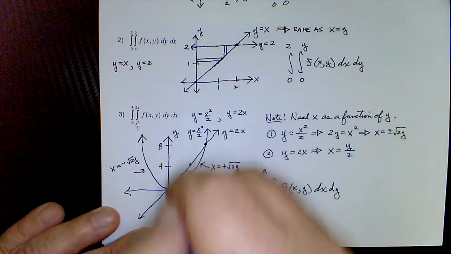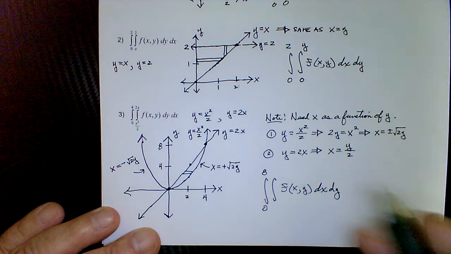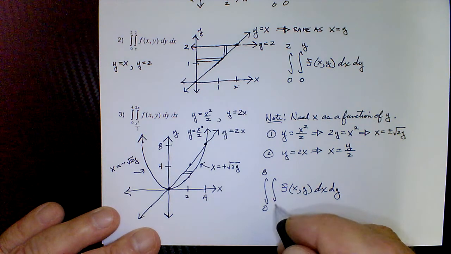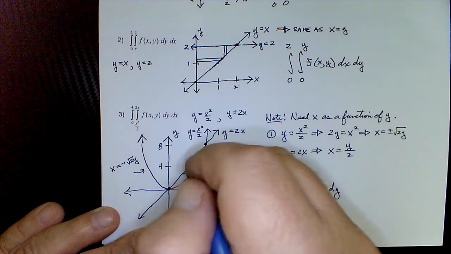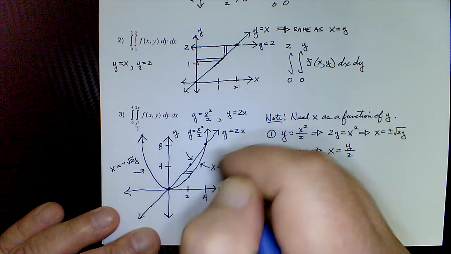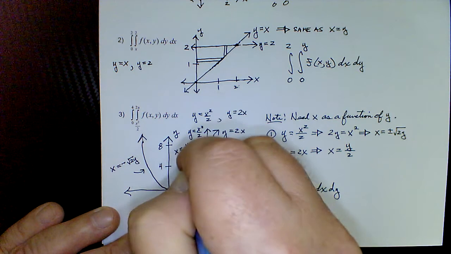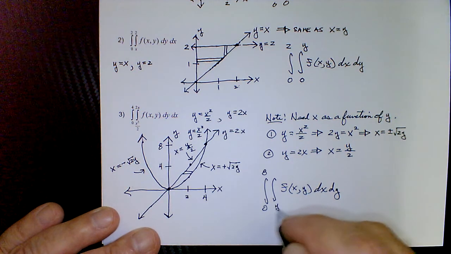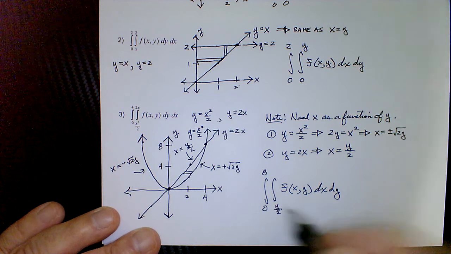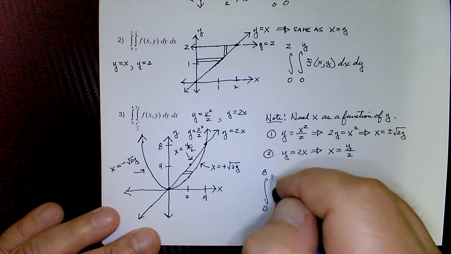So covering the whole y region with those horizontal strips. And the left-hand endpoint is the line, but the line is now, in terms of x, y over 2, as we had solved for over here. So y over 2 is the lower limit. And then the upper limit is the parabola, but the positive part of it, so the square root of 2y.